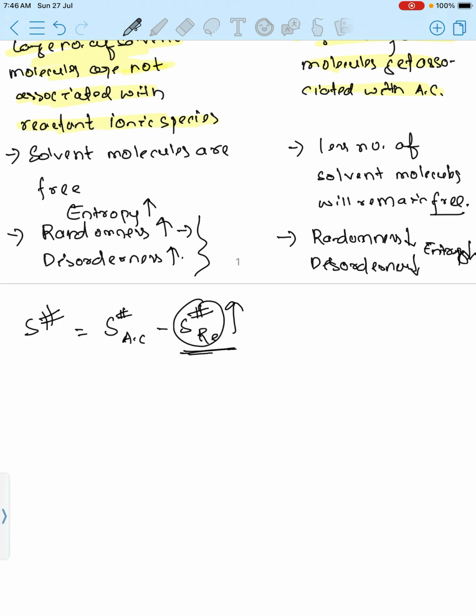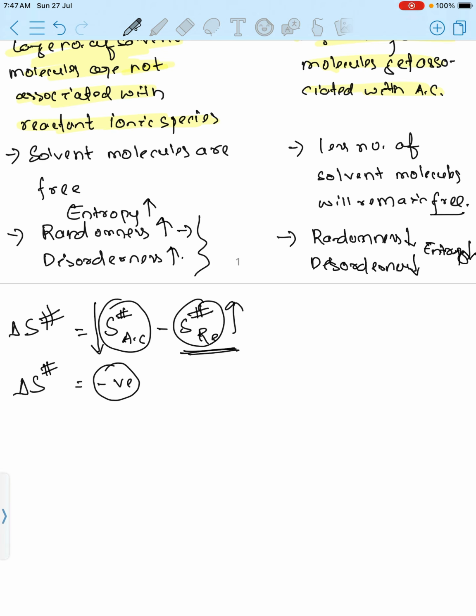Therefore this would have a larger value and this would have a smaller value, so there is a negative value if you calculate the change in entropy of activation. Therefore, on moving from the reactant ionic species to the activated complex, the entropy of the system decreases, due to the restriction in the motion of the solvent molecules.